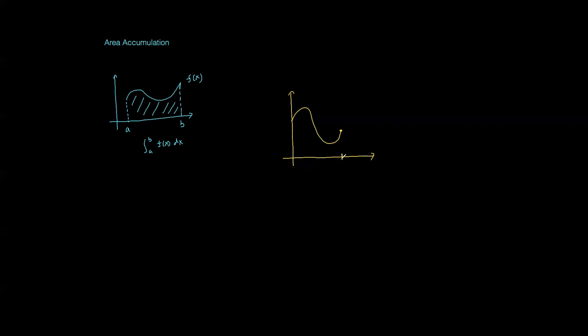Let's put some actual numbers on this. So 1, 2, 3, 4. This looks like a 4. This will go from 0 over here. Maybe we'll put 1, 2, 3, 4, 5, 6, 7.